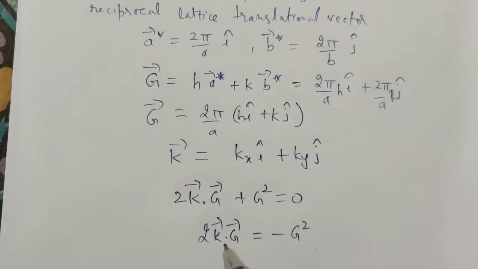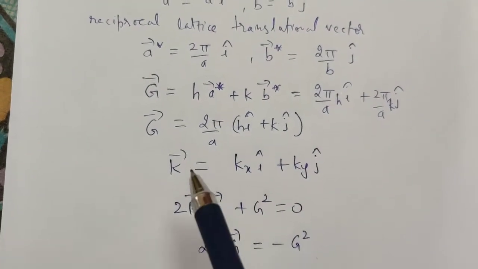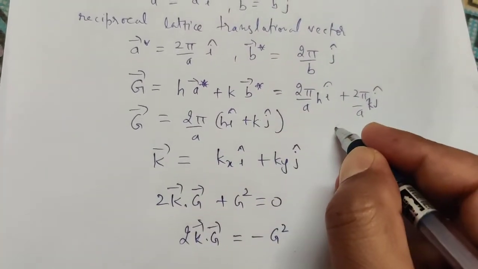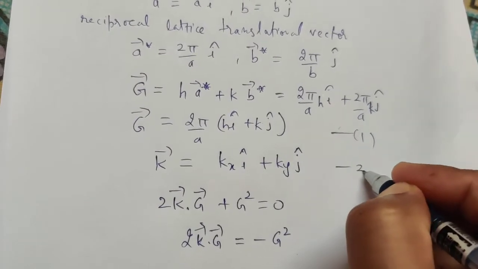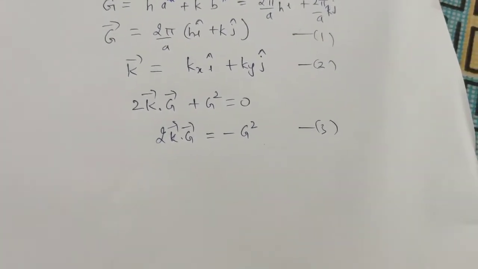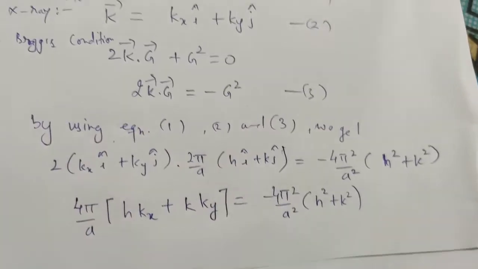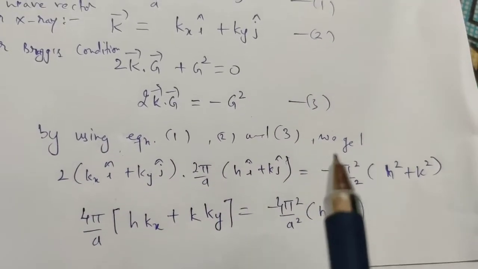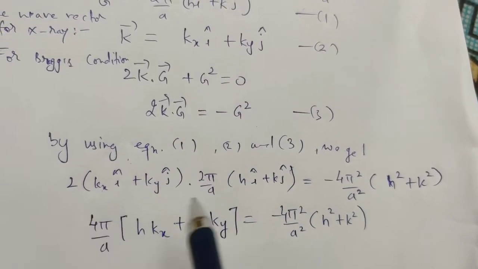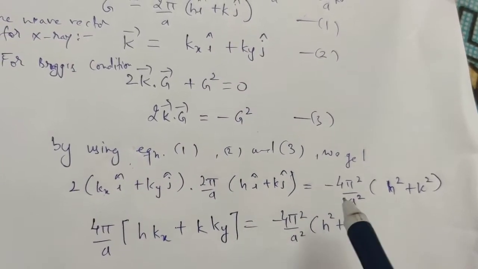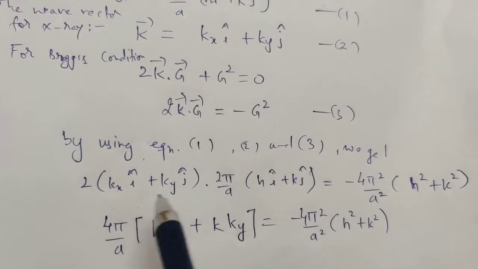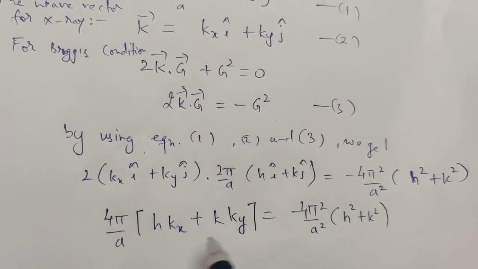So now we will put the values of your k and g into this equation. So this is equation number 1, number 2, and this is equation number 3. By using equations 1, 2 and 3 we get this resulting equation. By using the dot product we will have this equation.